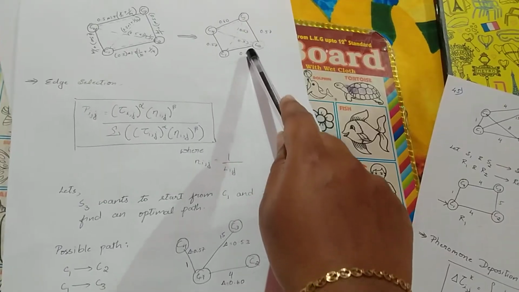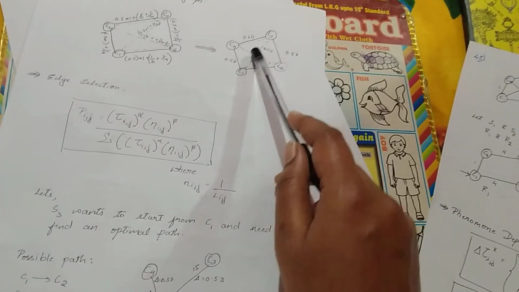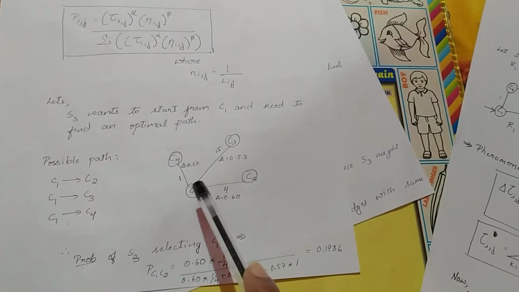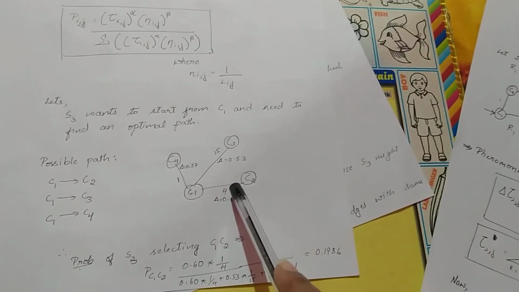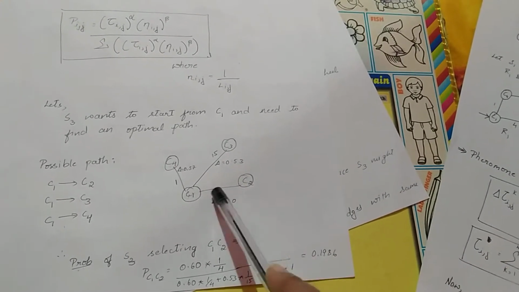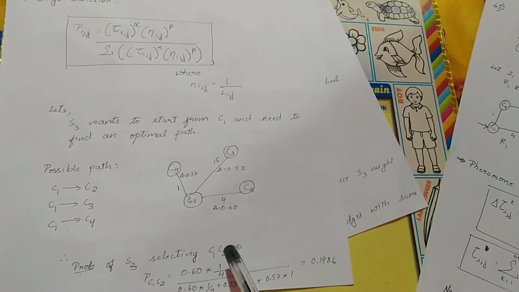I'll take this and calculate the pheromone deposition on that particular edge. The pheromone deposition between C1 and C2 is 0.60 into 1 by 4, where 1 by 4 is the cost, so it will be the value of n here.